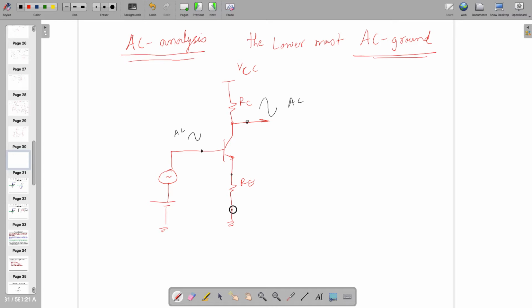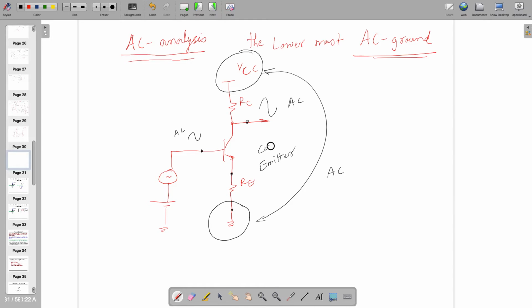However, looking at this point or this point, they are at relatively lower potential than these two, and these two will be shorted by this, and this becomes AC near the emitter. That's why it's known as common emitter, right?